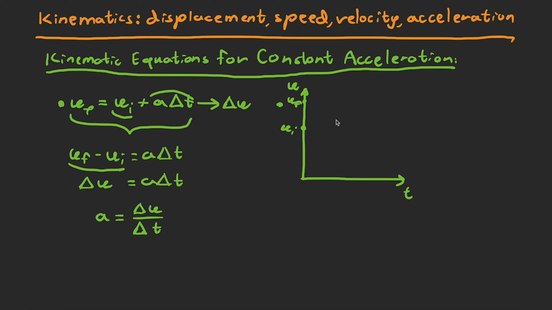So if we have constant acceleration, let's say in the positive direction for this example, it can also be in a negative direction, our slope is going to be the same everywhere. So if we're starting from this initial velocity, we're going to have the same slope for constant acceleration, and our graph, I drew that quite badly, would look something like this.